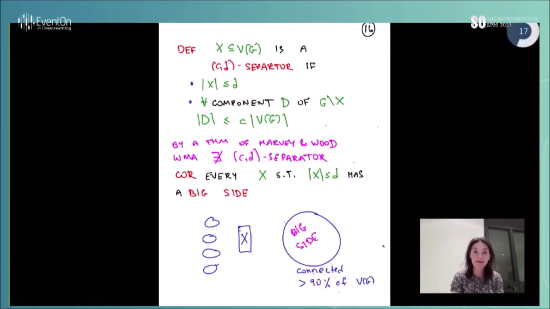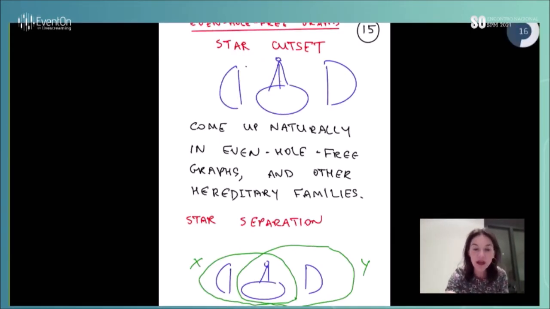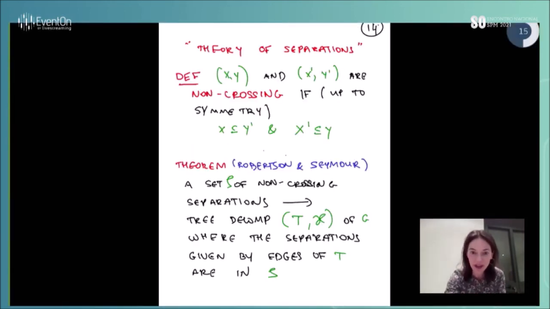The problem is that these separations are in general very far from being non-crossing. If I look at all star cut sets in my graph, they can cross in very complicated ways. So I cannot use this approach directly.